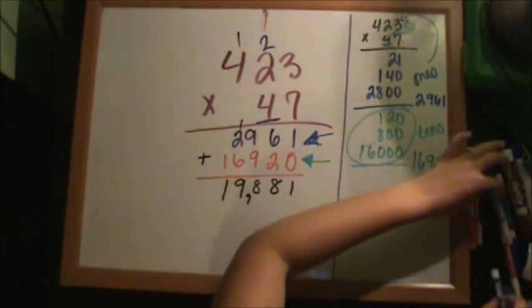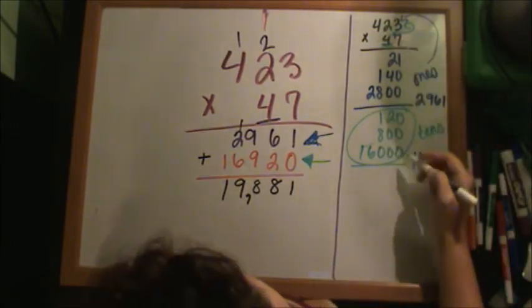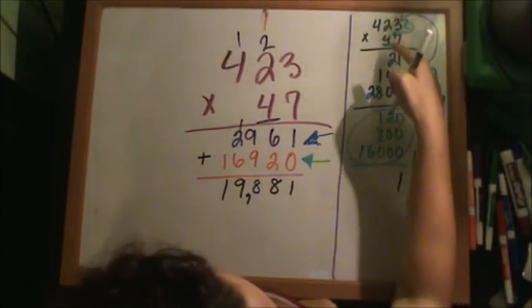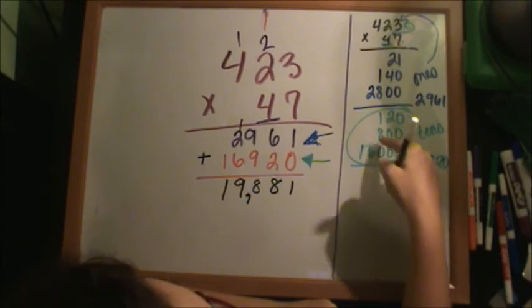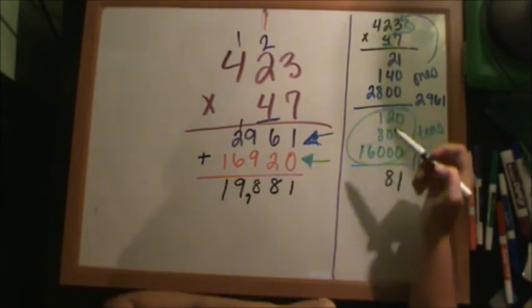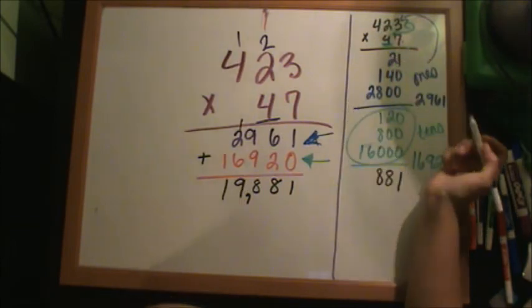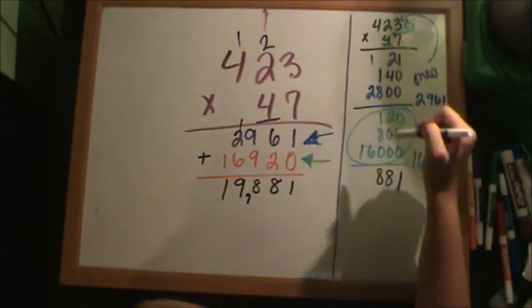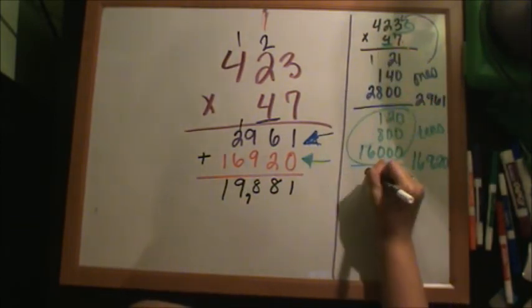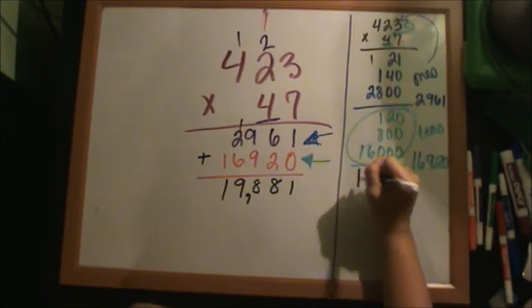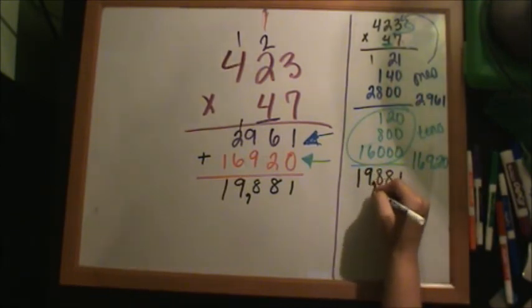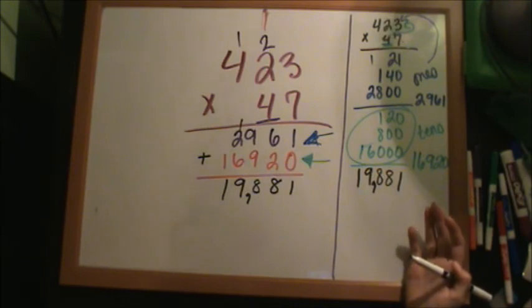And now, if I add all of these together, I have 1, 8, 9 and 9 is 18. Am I lining this up? Sorry, I'm looking at it sideways. 9, and then the 1. So we received the same answer both ways.